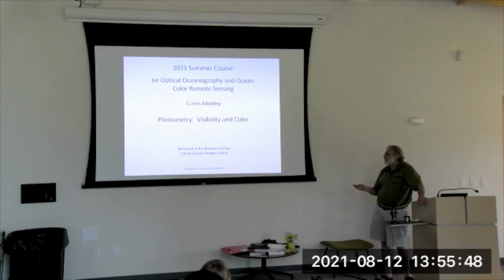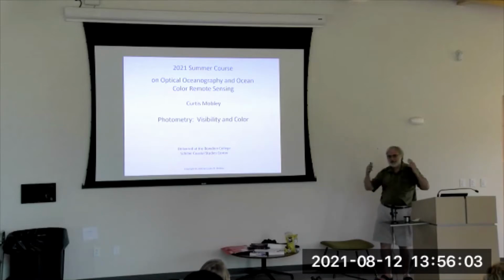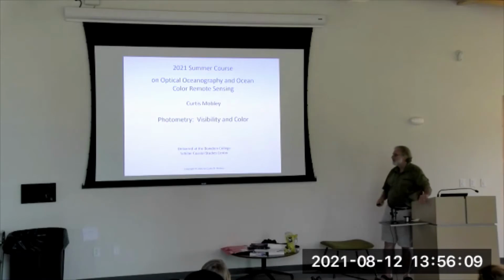There's a whole separate topic called photometry, which is all about what your eye sees. Your eye is not a radiometer that's measuring spectra as a function of wavelength. It's seeing all the wavelengths at once and then running it through some kind of function that says your eye is more sensitive to green than it is to blue or red and so on.